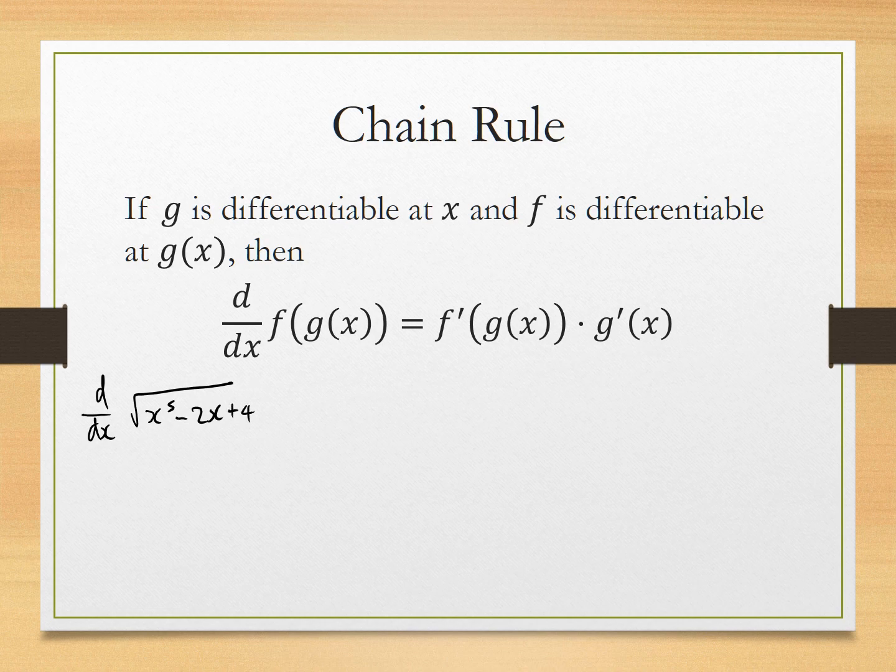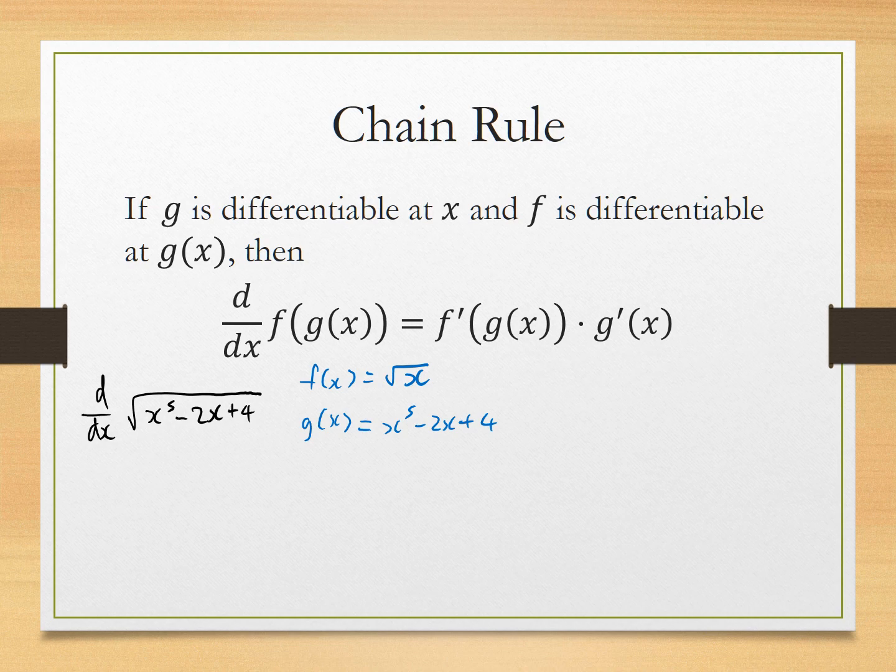How do you find the derivative of something like that? Well, here's where the chain rule would be helpful. You can think about it this way. f(x) is root x. g(x) is x to the power 5 minus 2x plus 4.